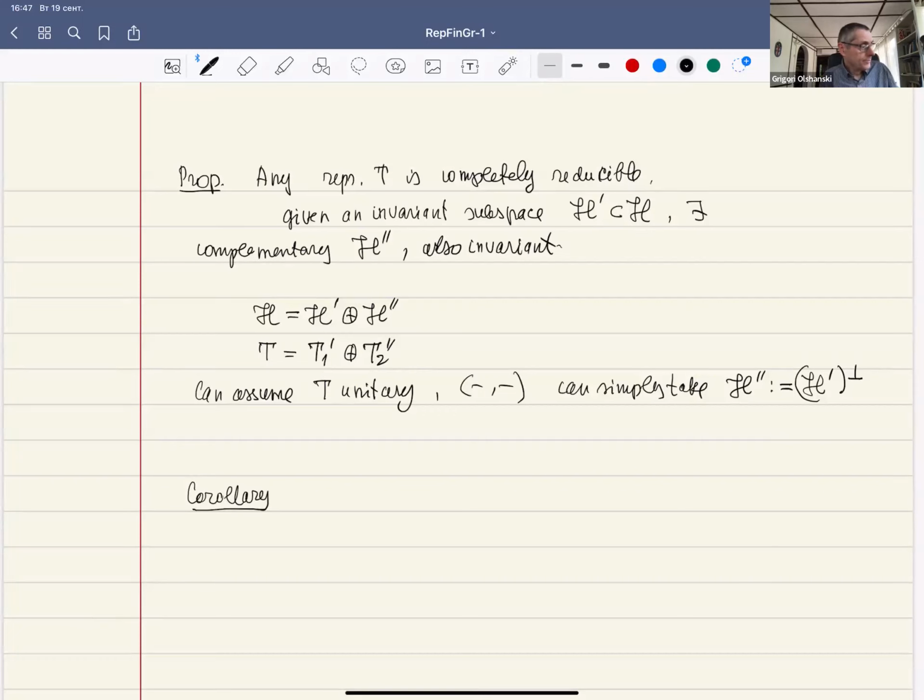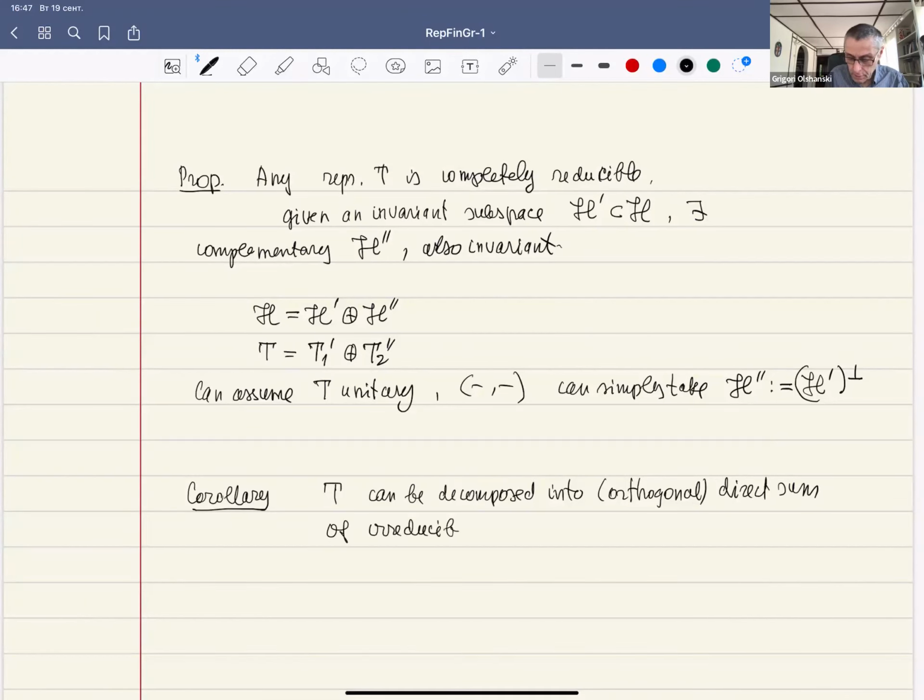is the following. Any T can be decomposed into, one can say, an orthogonal direct sum of irreducible sub-representations.